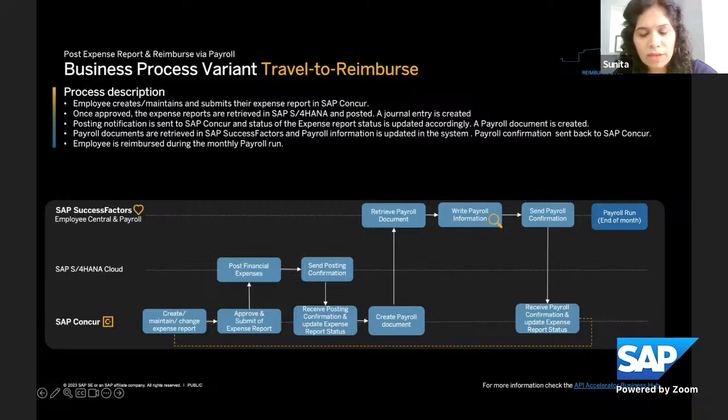A payroll document is created. SuccessFactors retrieves the various payroll documents, updates the payroll information in the system, and sends the confirmation back to Concur. Similar to what we saw previously, during the monthly payroll run that happens in SuccessFactors, payment is made to the employee. That's the difference between the previous one and this variant.